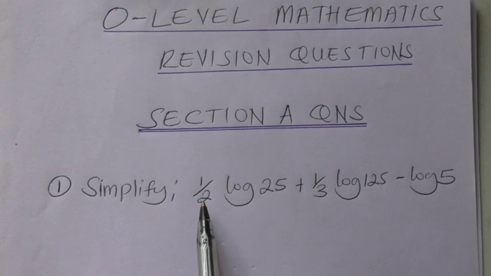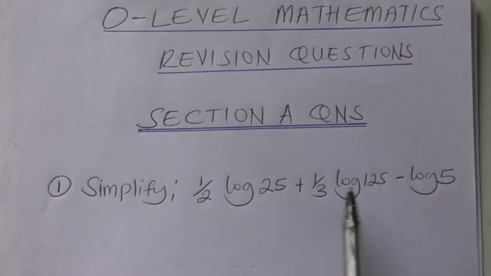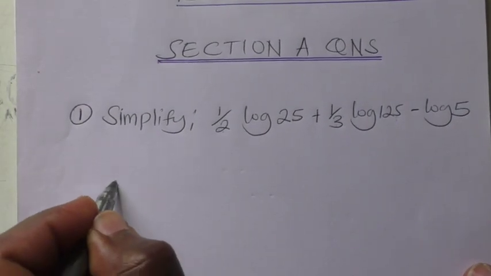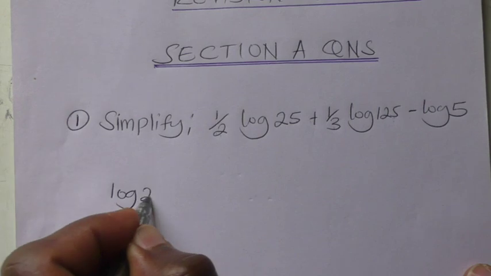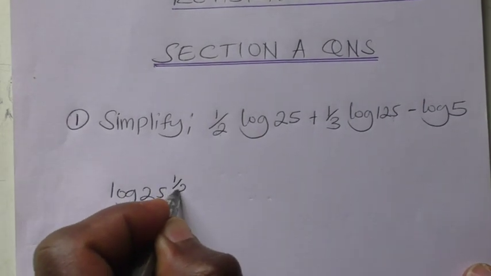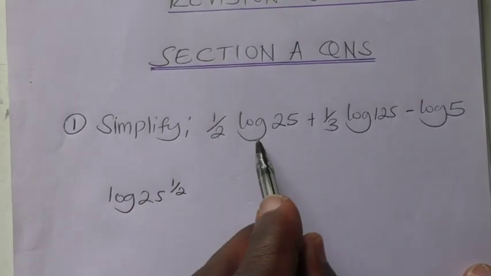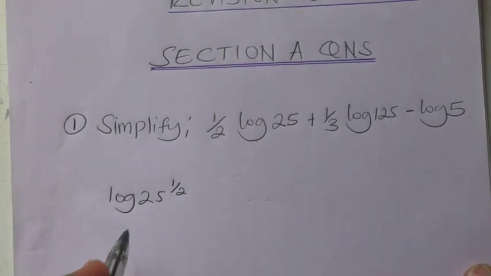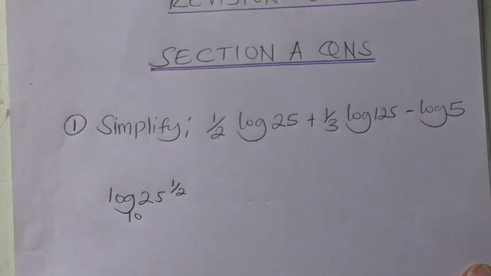And now we eliminate them by taking them to become powers. So we shall have log 25 power a half, and since the logarithms have no bases, that means that the base is automatically base 10.